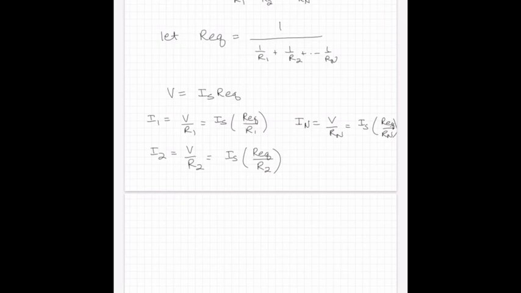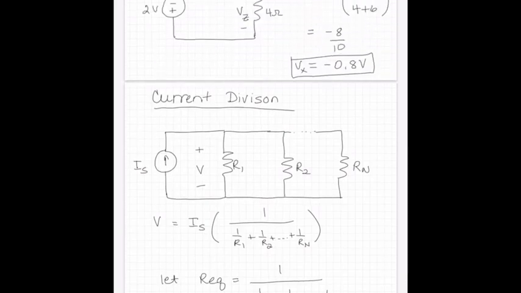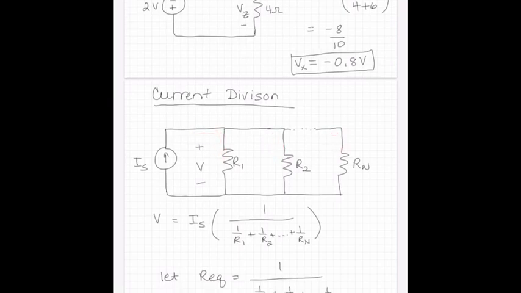Okay, once again, this is all based on the passive sign convention holding. The voltage drop V here, current's flowing from plus to minus, so it's delivering power such that the resistors are all in line with the passive sign convention for Ohm's law.